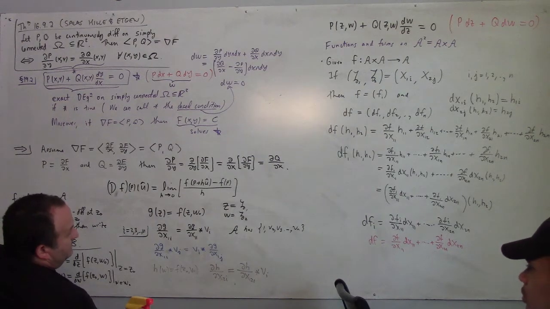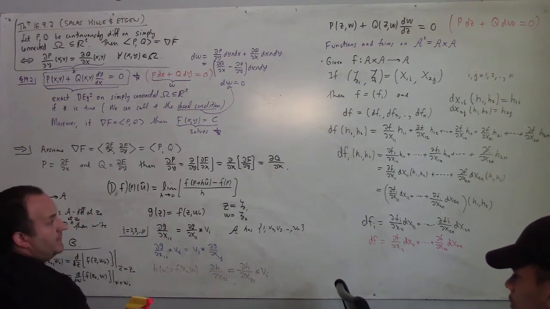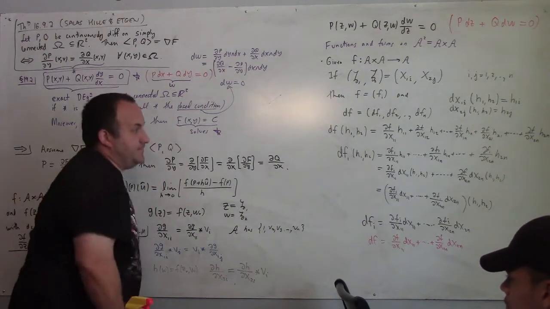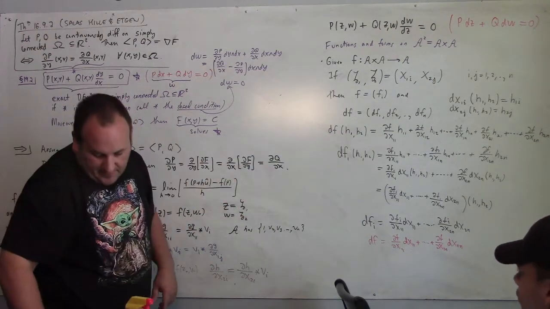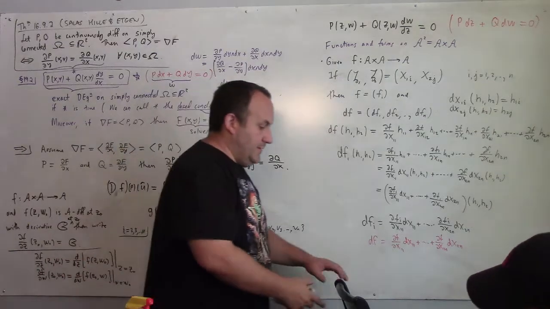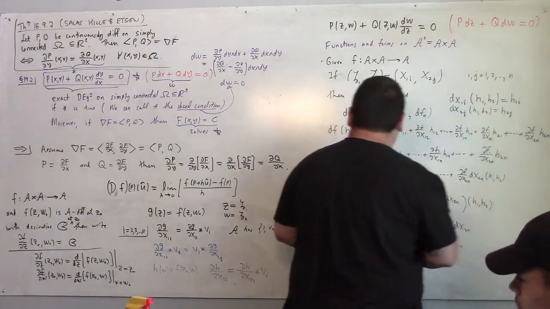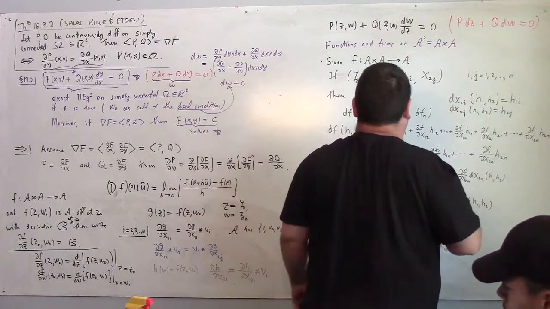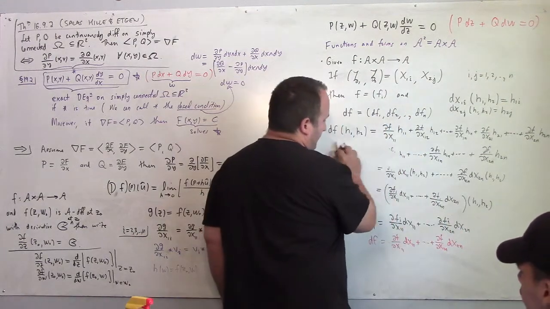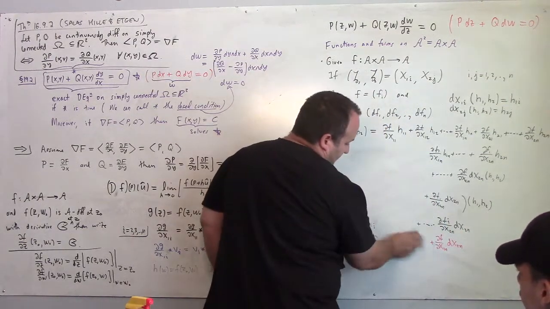I'm going to go back up to my jibber jabber up here. I erased it at this point, but you remember before I talked about the fact that the differential.